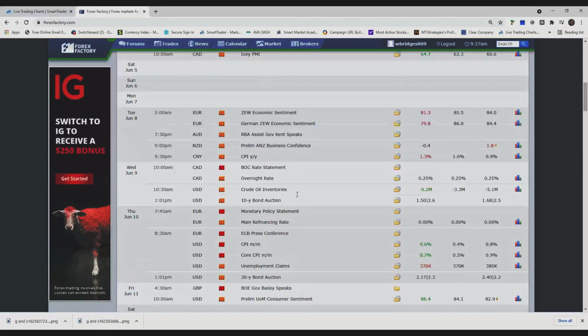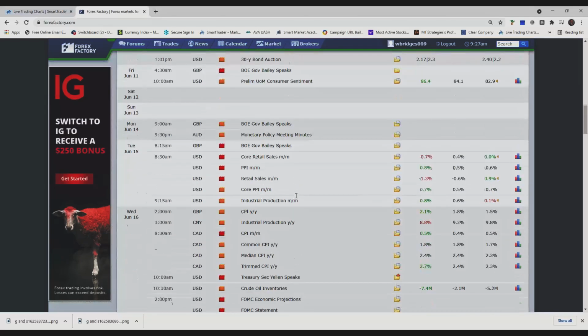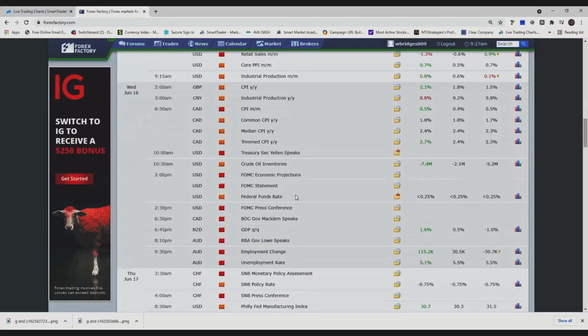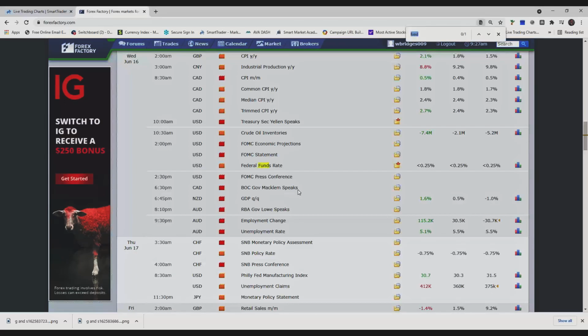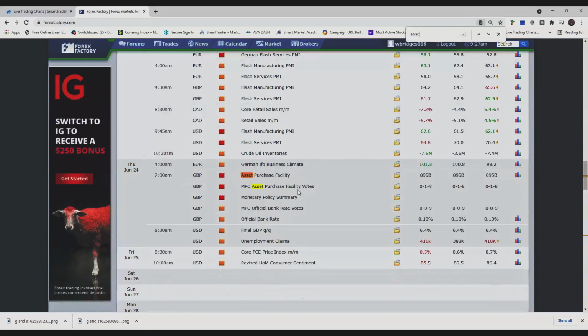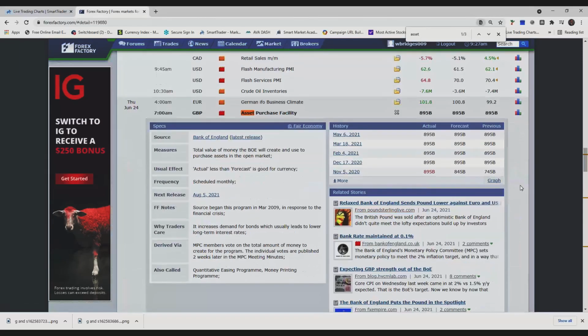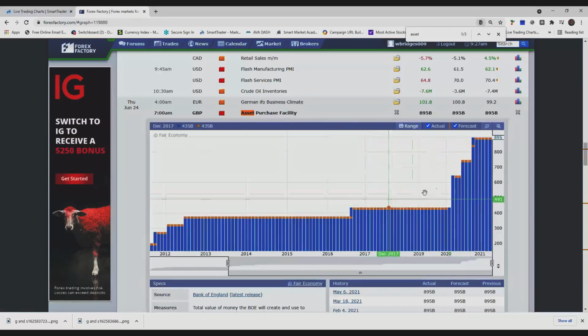Let's see. I know that it's been relative. Let's see. Control F, asset. There it is. All right, so what we're looking at here, this graph on Forex Factory, is just showing you how much they've ramped up buying their own money.